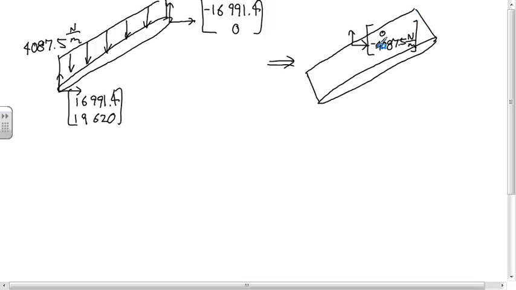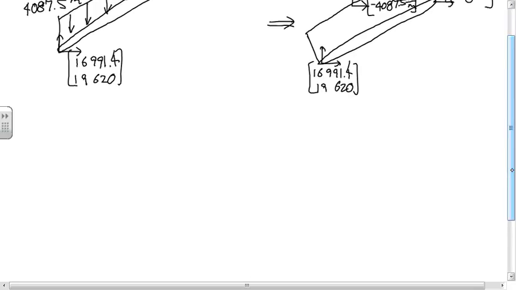Okay, so we have that distributed load vector, and we still have these two force vectors, 16,991.4 and 19,620. And up here we have a vector of negative 16,991.4 and 0. Any questions up until this point?